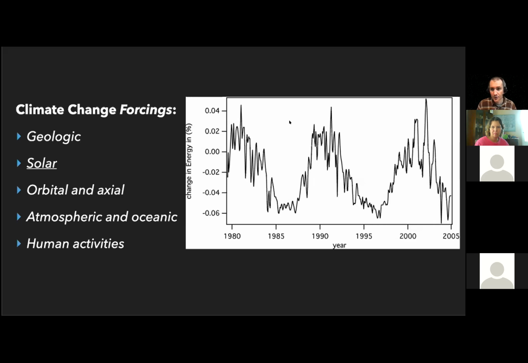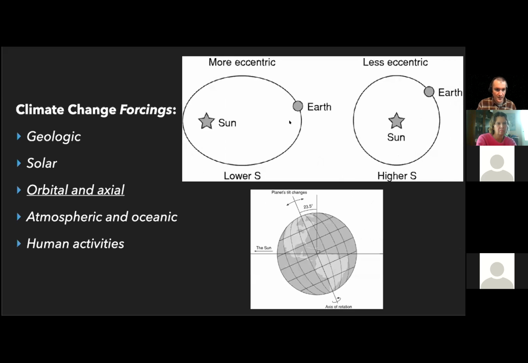If we look at solar output throughout its lifetime, solar output should be increasing, although there is variability from year to year and decade and century and millennia. In fact, in recent decades, we're seeing solar output actually on the decline as Earth's temperatures have been increasing. So that leads us to believe that solar output is not the leading cause for warming temperatures we've seen over the last several decades.